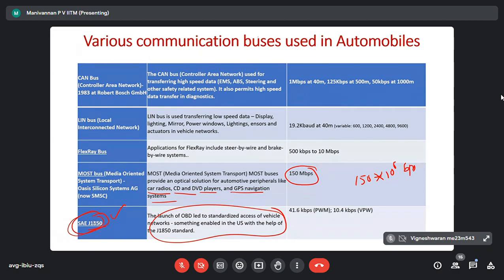So every country wants to see that the money doesn't go outside the country. They wanted local companies to develop their own systems, right? If you go to European companies, they all use Bosch, correct? All European cars, starting from Volvo, Mercedes, BMW, most of the European companies use it.